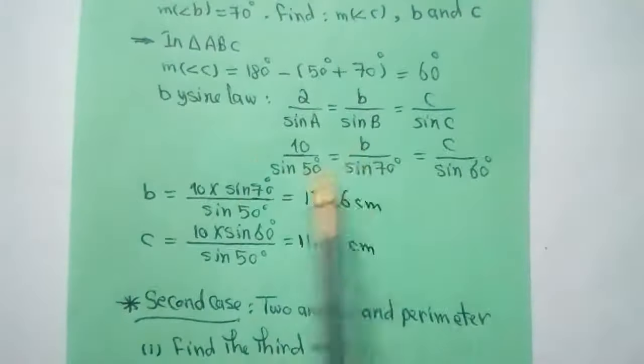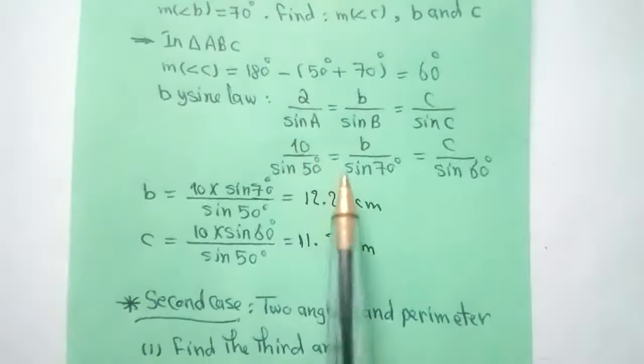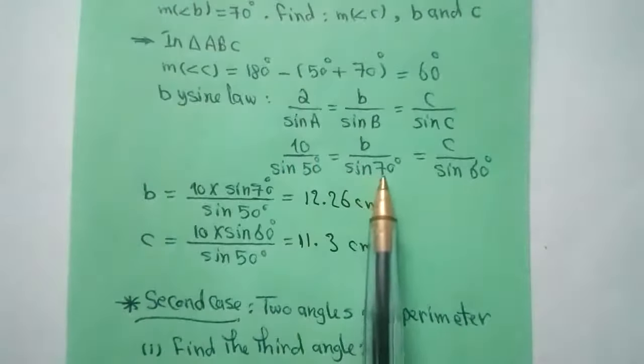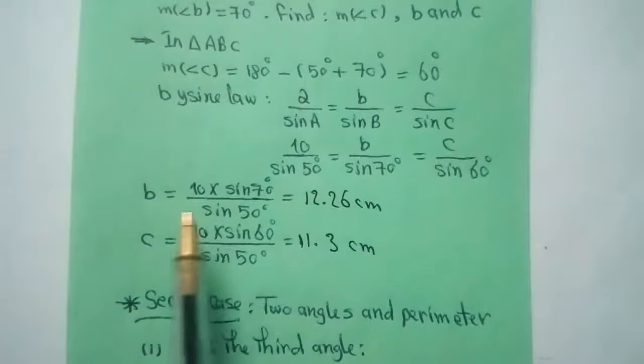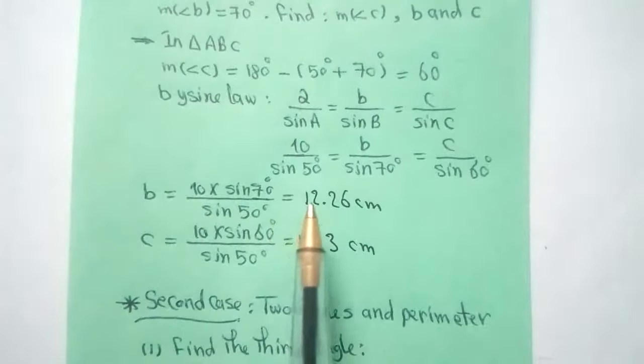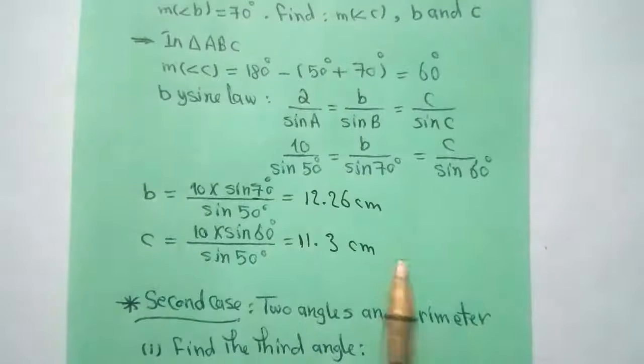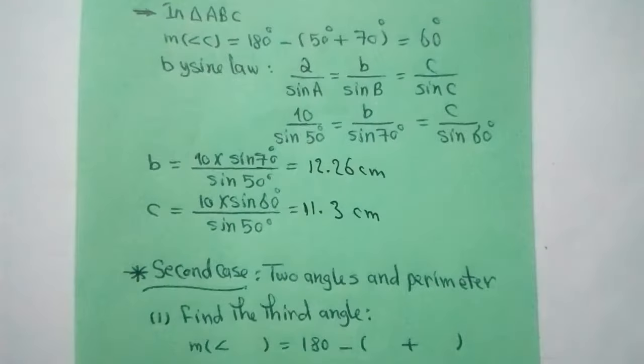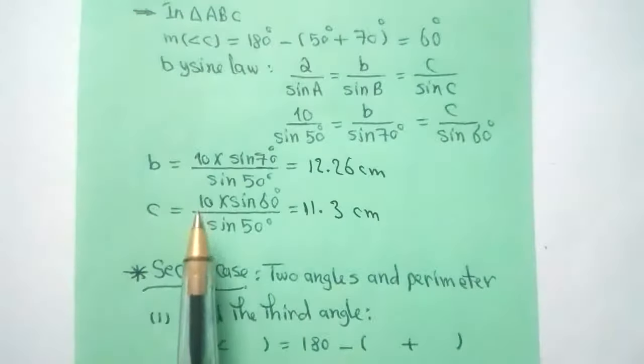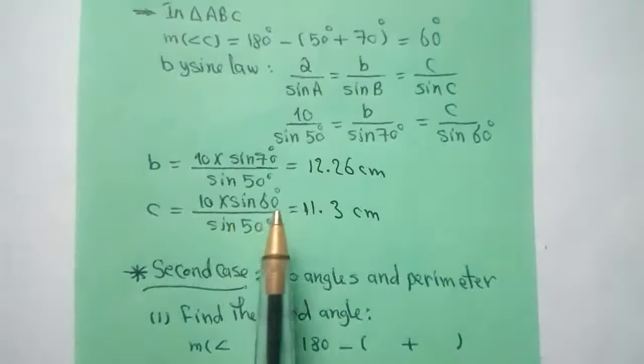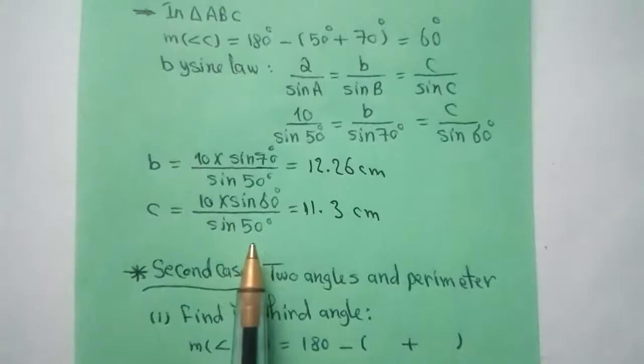By cross multiplication, b equals 10 times sine 70 over sine 50, which is 12.26 centimeters. c equals 10 times sine 60 over sine 50, which equals 11.3 centimeters.